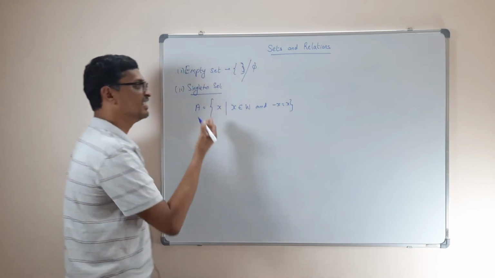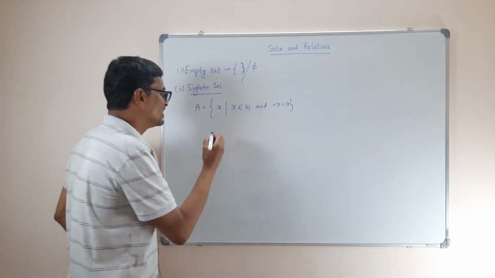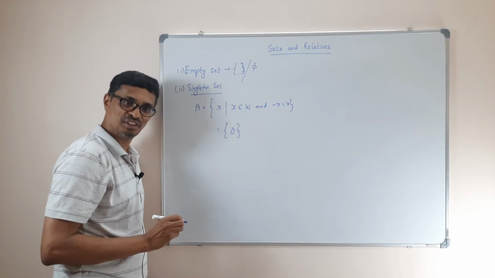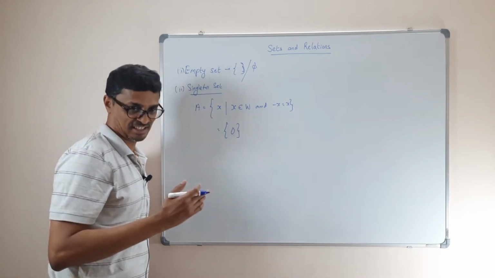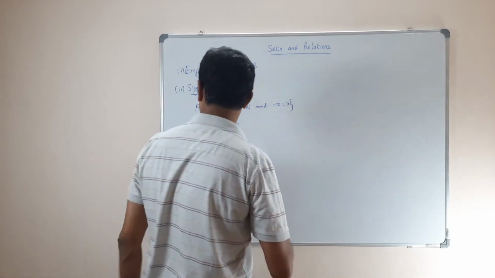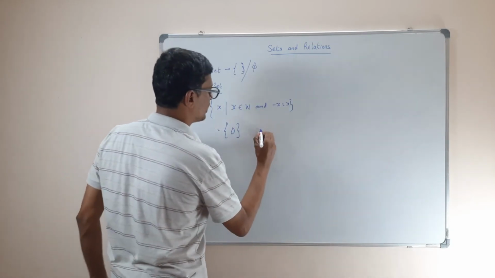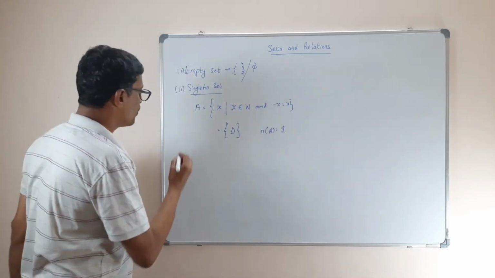So this is a singleton set, because when it's a whole number, of course you have 0. Am I right? So this is nothing but 0. This is only one element, so this type of set is called your singleton set. And the next one is your finite set. Now you know, so what will be n of A? n of A equal to 1. Okay.